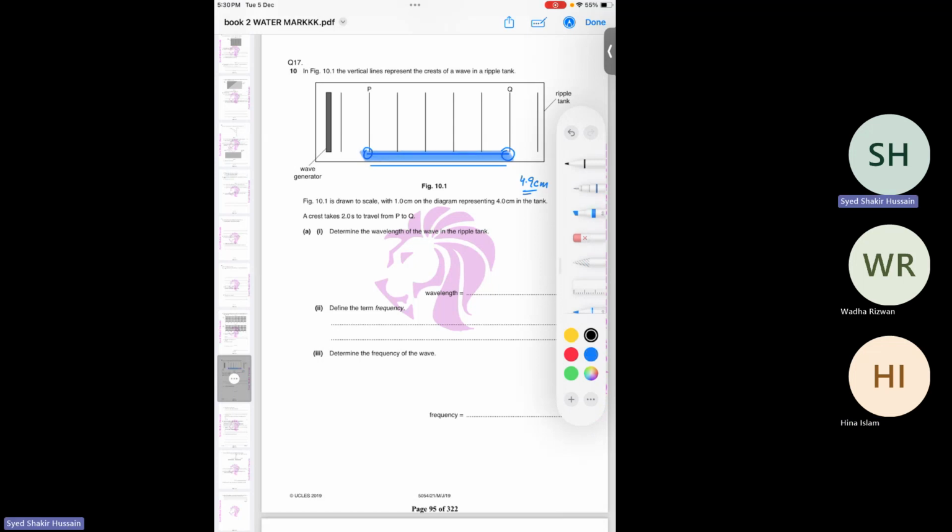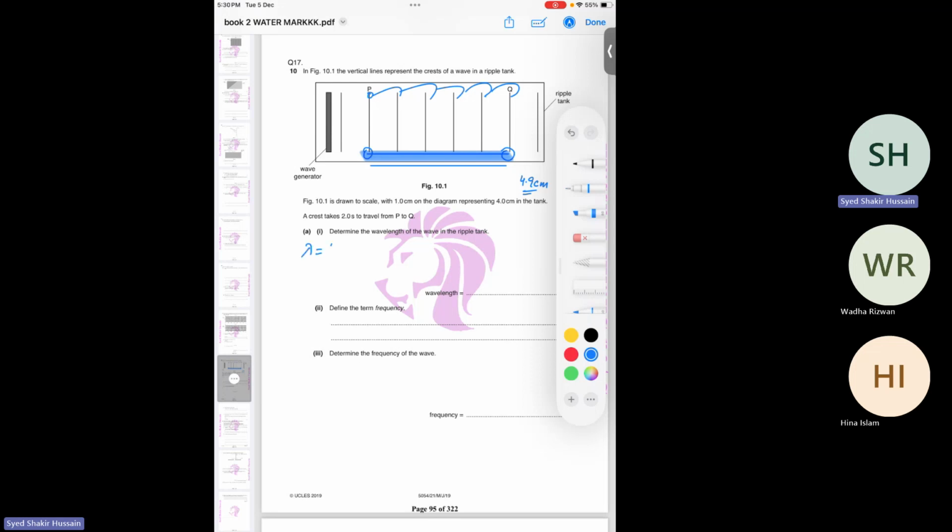Now tell me the number of waves that are forming here between P and Q. Five. Okay, how? This is the starting point, so zero, one wave, two wave, three wave, four, and five. Right. 4.9 is the length for five waves. So one wave would be what? Lambda.